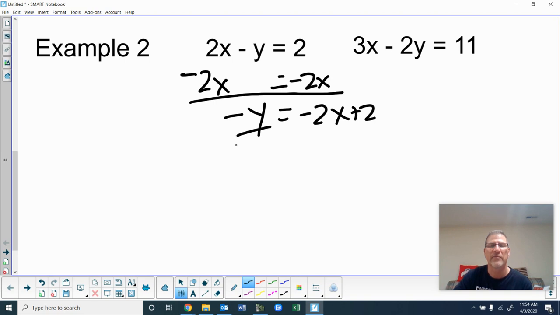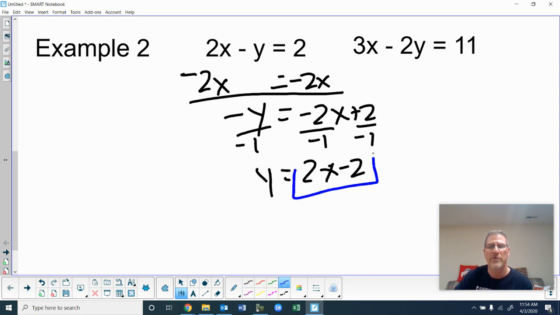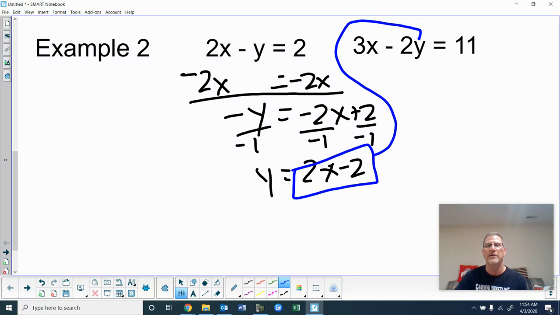And then you're going to divide by negative 1, all three of those. So it's positive y equals positive 2x minus 2. And then I'm going to take that and substitute it into the other equation for y.